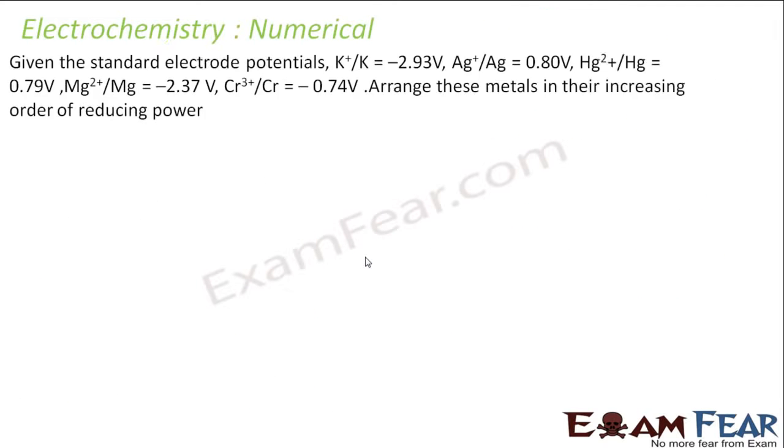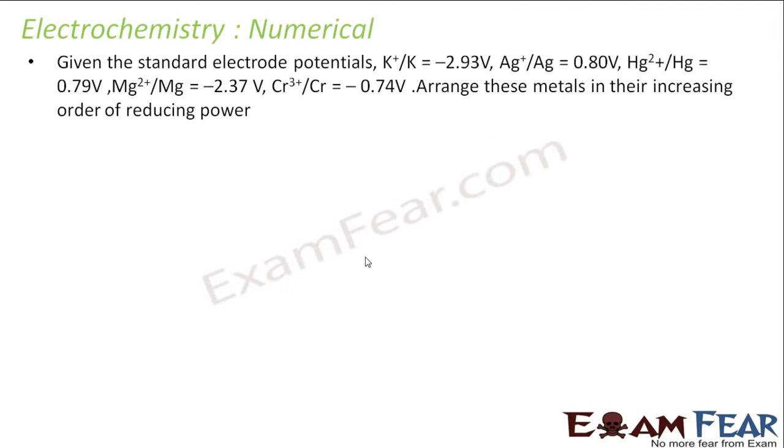Let's take another numerical. It has been given that standard electrode potential, that is nothing but standard reduction potential. See, K+ to K reduction, Ag+ to Ag reduction, Hg2+ to Hg reduction, Mg2+ to Mg reduction, and Cr3+ to Cr reduction. We have to arrange these metals in increasing order of their reducing power, right?